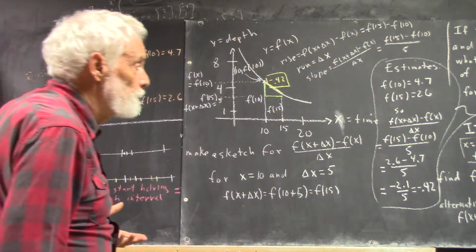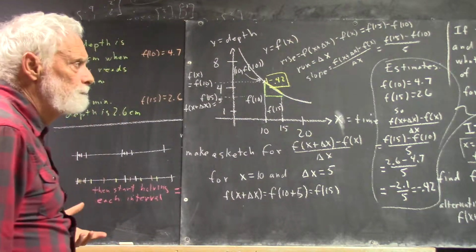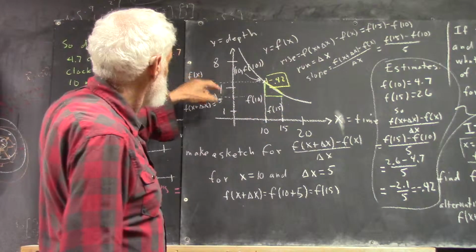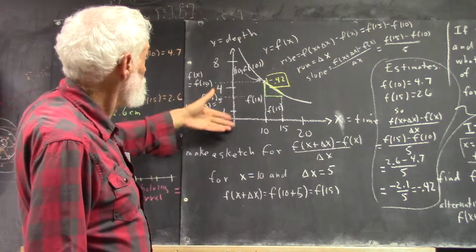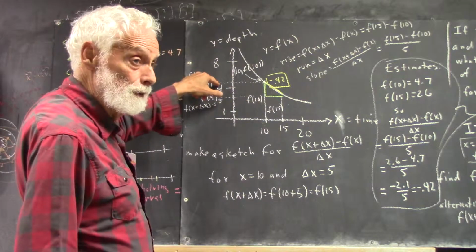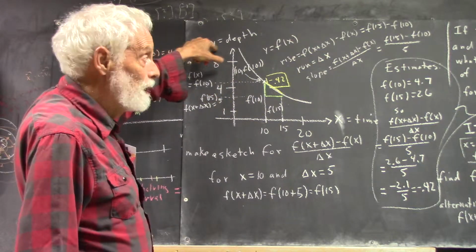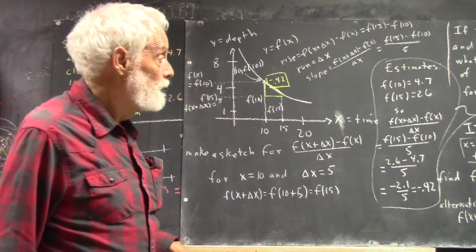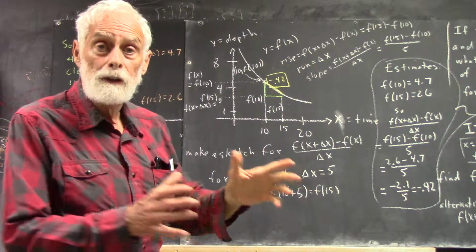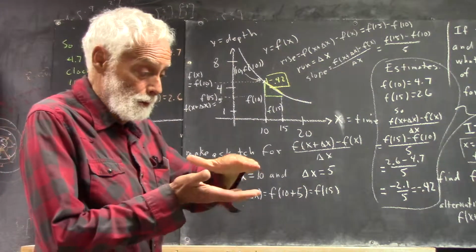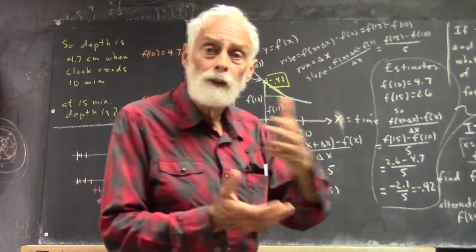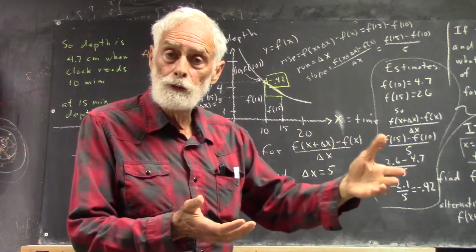So what does it mean? Well, f of x is a value that we read off on the y-axis. It's a depth, and it's in centimeters. So f of x and f of x plus delta x are depths in centimeters. So, you know, this deep and then this deep. Okay? And delta x is the lapse in time between those depths.